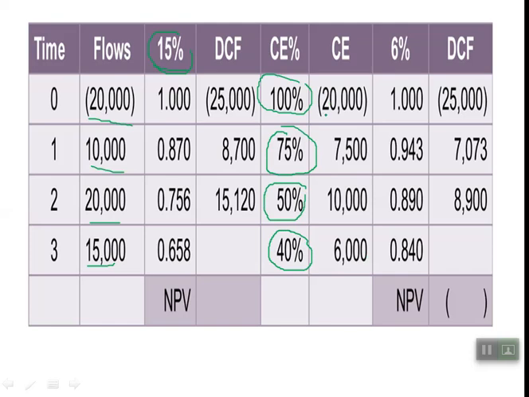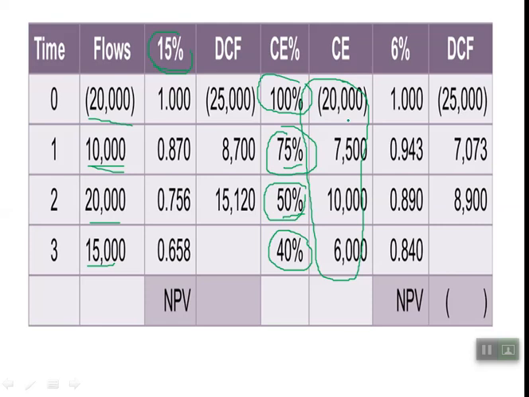Of course, the initial investment remains the same. So we get 75% times your normal cash flow, 50% times your cash flows, and 40% times your cash flows. In this case, we get these cash flows which have already been adjusted for risk. So these are certainty equivalent cash flows. You are sure that you are going to get these cash flows at that level.